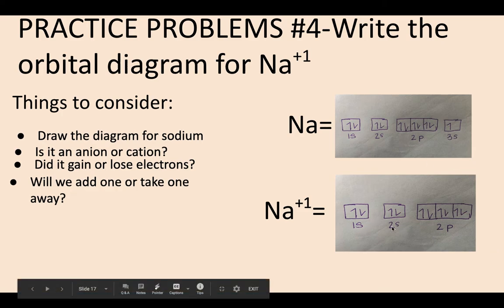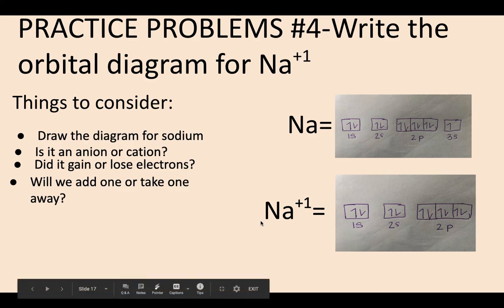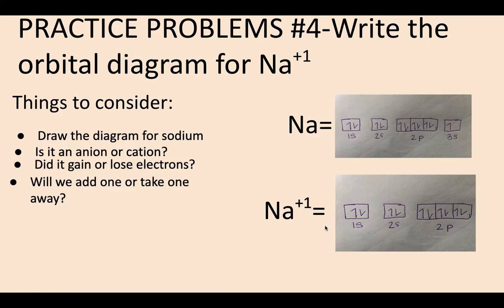So we still followed the orbital diagrams in the same order, but this time we took one away, so 3s is no longer there. So we end at 2p, and we write it Na plus 1. Make sure you write the Na plus 1, otherwise it could be taken as neon, 2, 4, 6, 8, 10. So you must have the Na plus 1, okay?